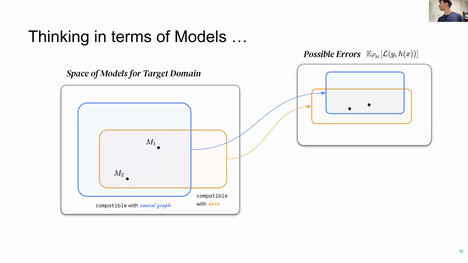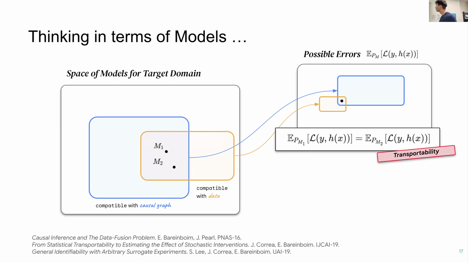Just a quick question. What do you mean by compatible with the F part of your diagram? Yeah, so by compatible, I mean that all the models that appear in this region generate the observed data, your source data. In transportability problems, you typically talk about sets of models.